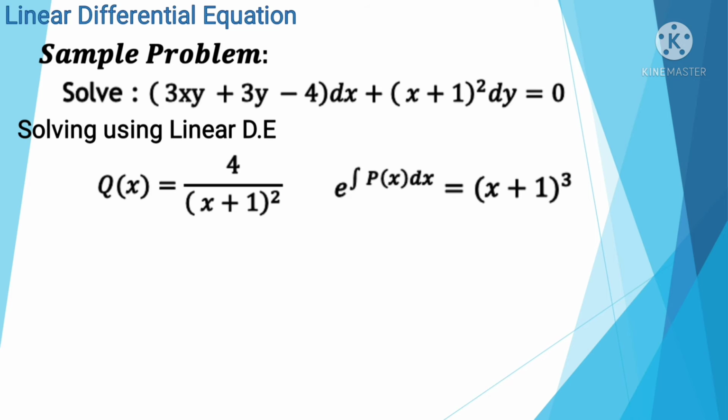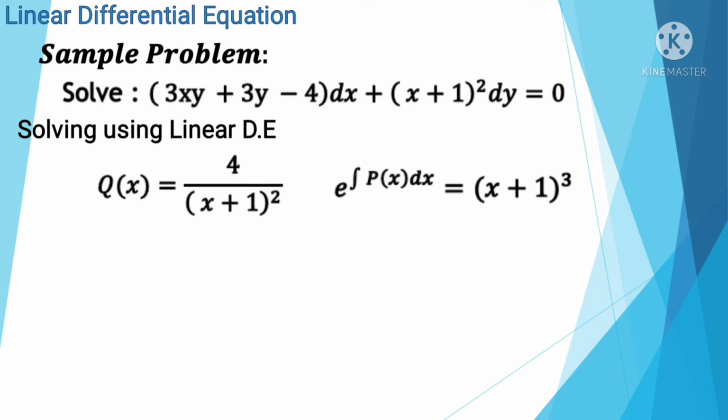Now, we have q of x equal to 4 over the quantity of x plus 1 squared, and the value of the integrating factor e raised to the integral of p of x dx is equal to x plus 1 cubed.